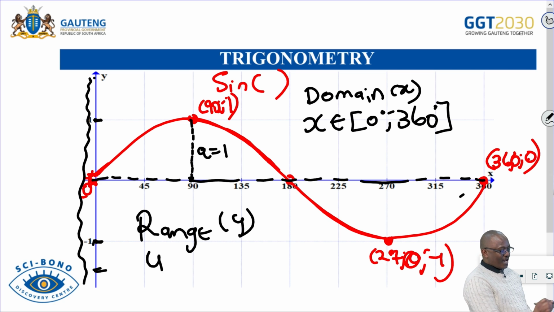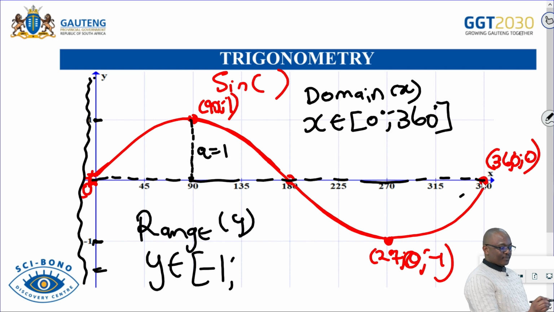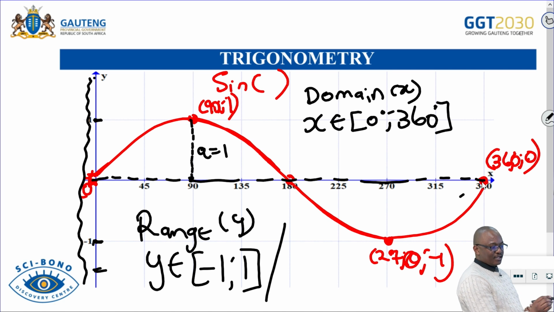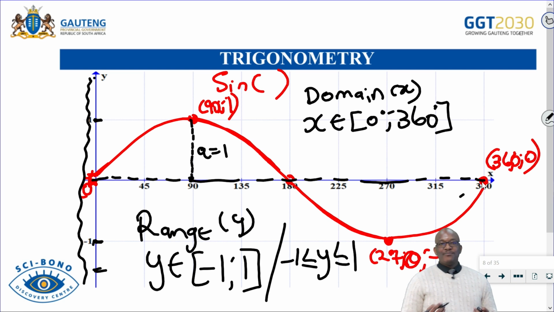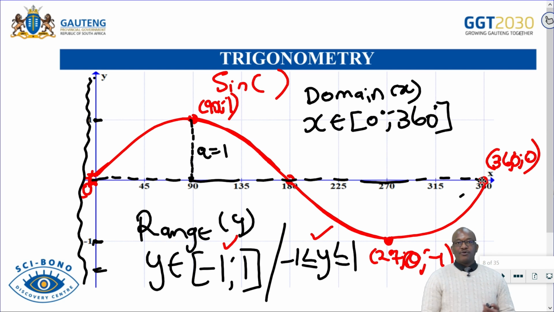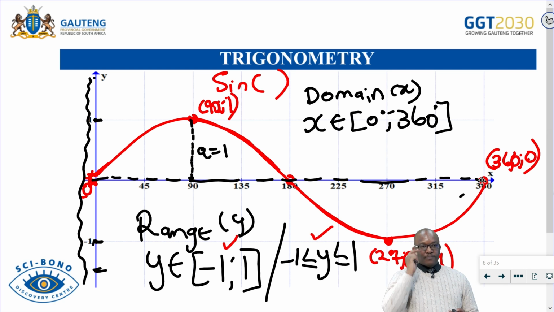So y is an element of [-1, 1]. Or someone can say -1 is less than or equal to y, which is less than or equal to 1. They mean the same thing. It depends on how you understand it. They are both correct in terms of writing your range.